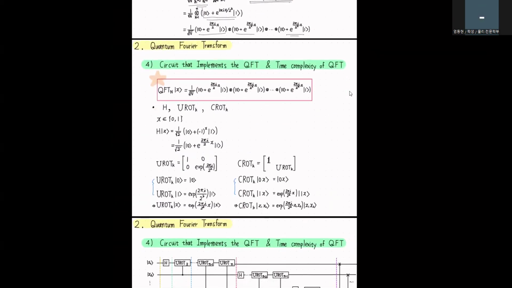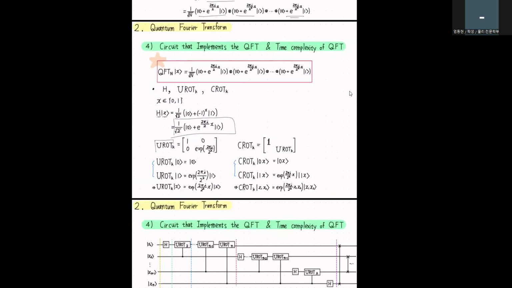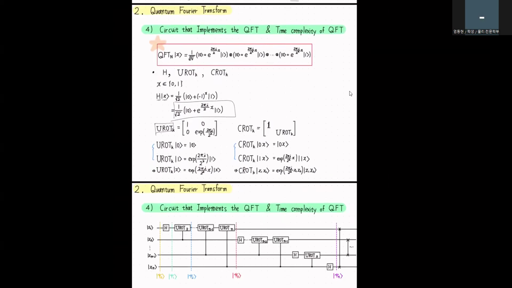So notice that if we apply the Hadamard gate to a single bit string 0, 0, 1, we get this final result. And so we're going to exploit this as well as this result, where R_k is simply a rotation matrix, like so, a phase rotation.